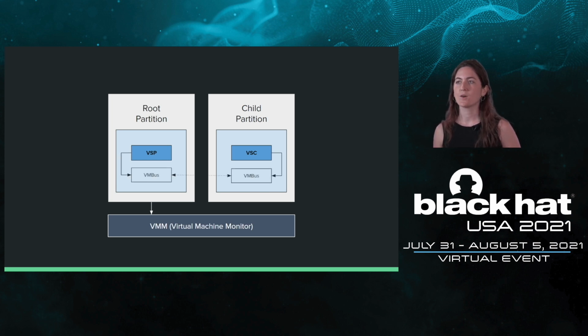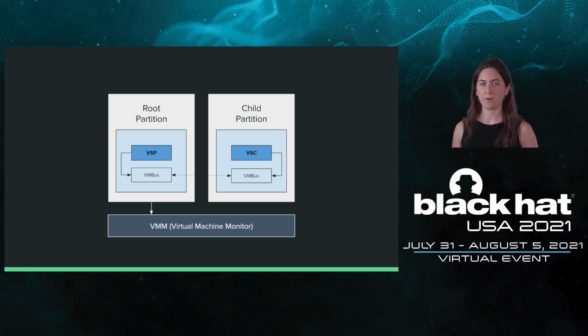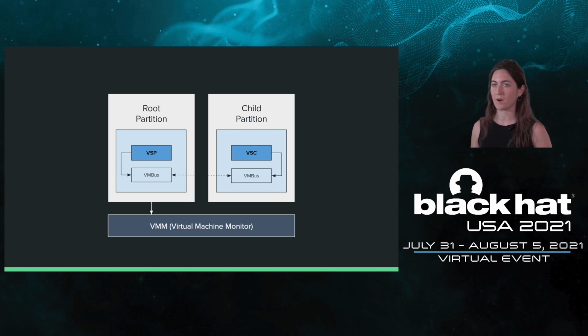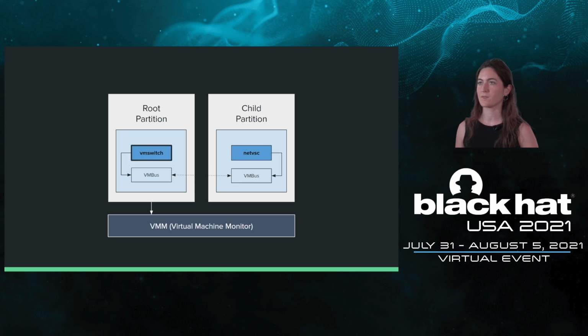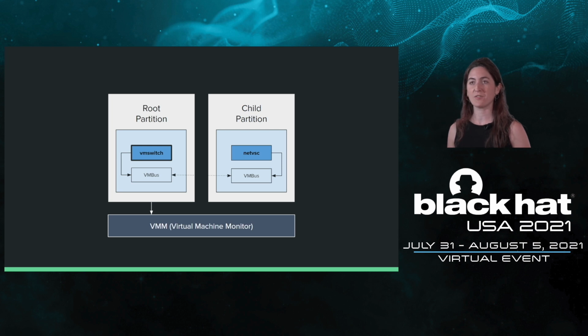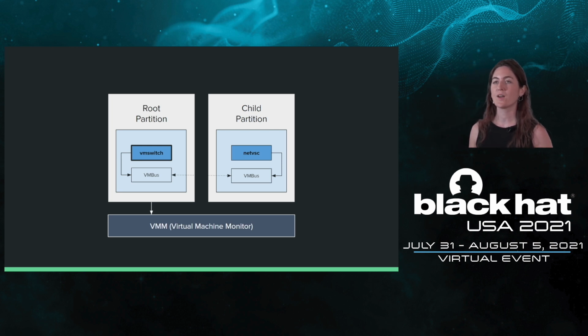They both communicate over VMBus, which is an inter-partition communication channel. And whenever it needs to, the VSP communicates with the hardware itself through the VMM, the virtual machine monitor. In our research, the target was vmswitch, which is the VSP responsible for networking in Hyper-V.